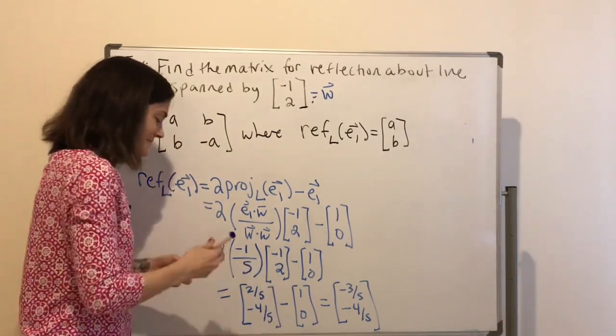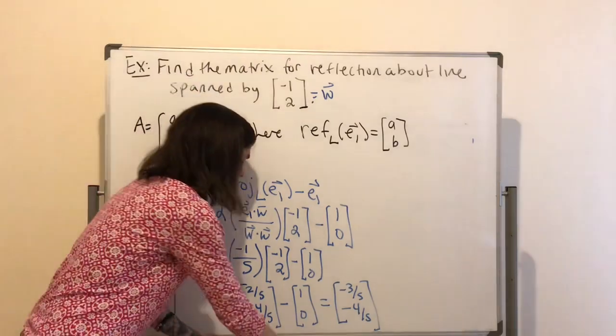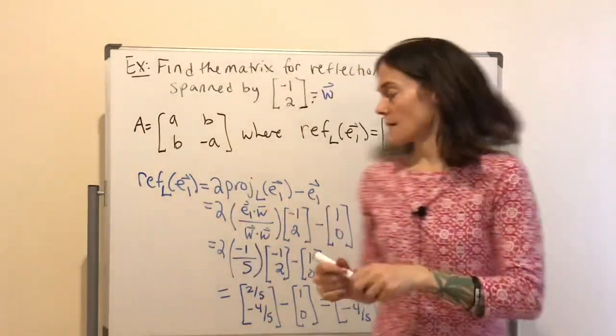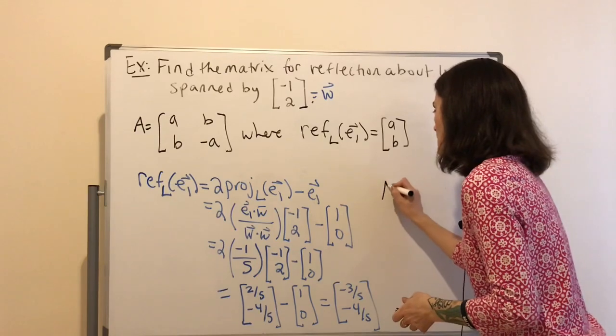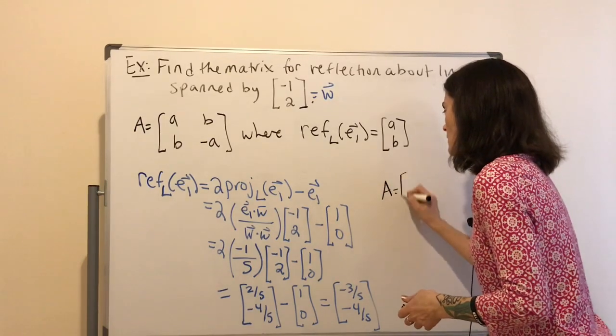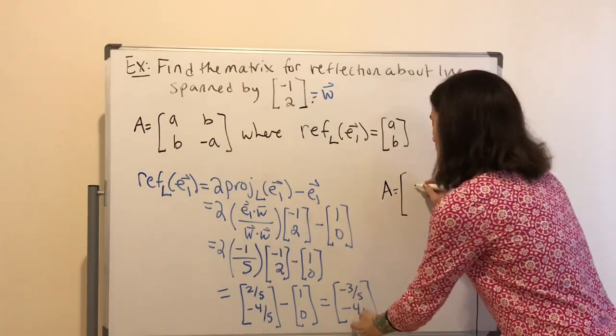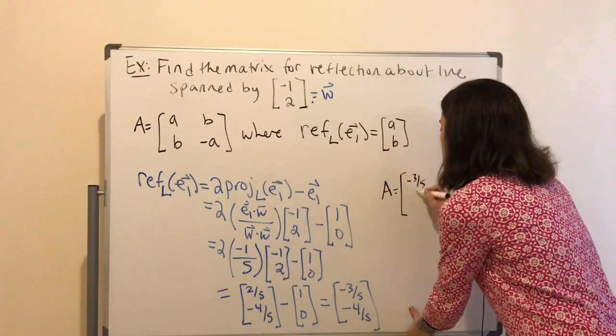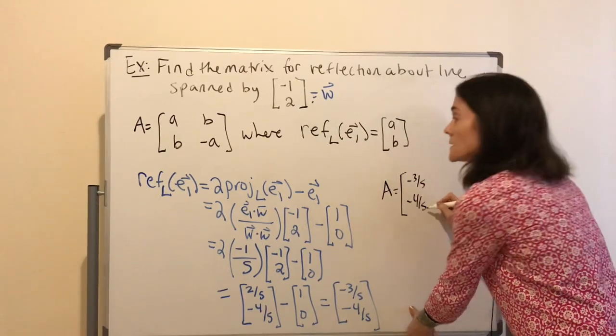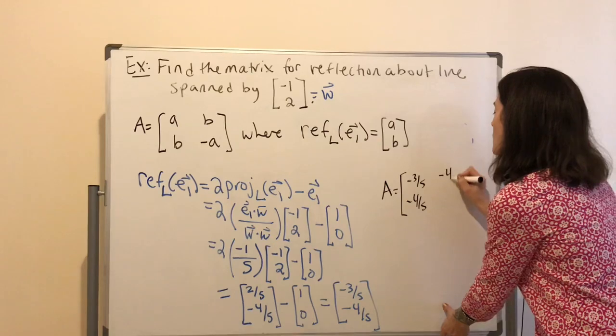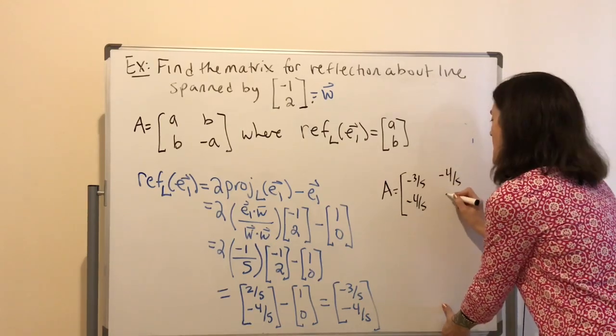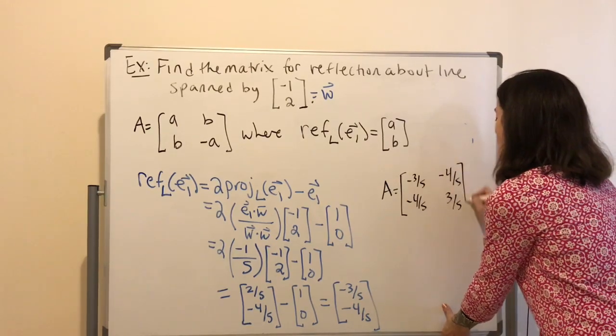So this is my A, B. Now I can write the matrix. The matrix A is [A, B; B, minus A], with A minus 3/5 and B minus 4/5.